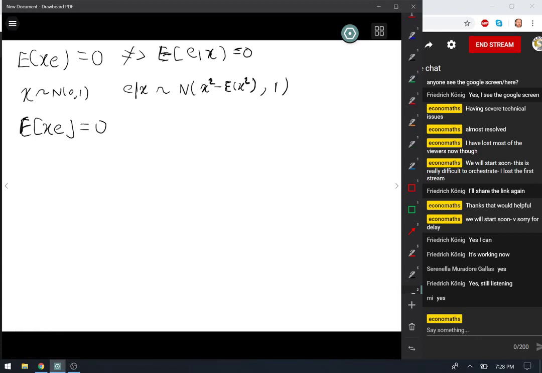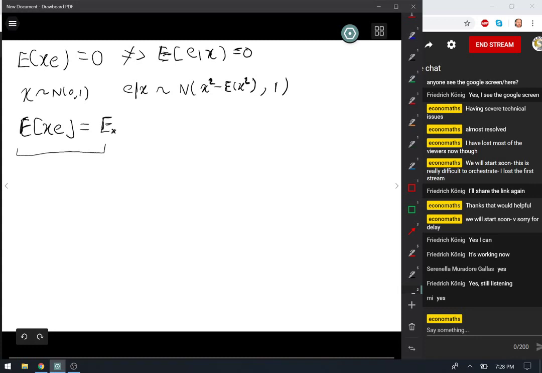So we plug in e. We're going to use the law of iterated expectations, so we can rewrite this as E_x of E of this variable given x. We've used this before. Again, the x comes out because it's fixed inside the expectation.